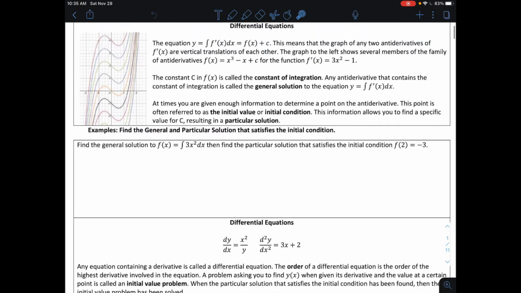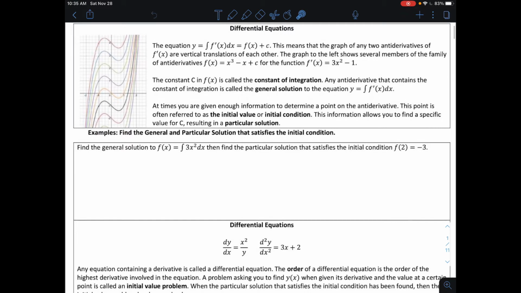Now, we have already worked our way through solving differential equations when we were finding antiderivatives. Through the process of finding the antiderivative or an indefinite integral, the expression we would get would be considered a general solution.